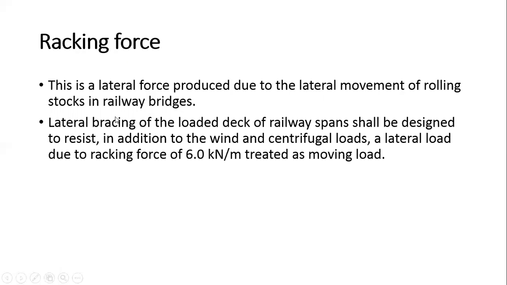To account for this raking force, you have to provide lateral bracing of the loaded deck of railway spans, at the top and bottom. As I told you in the earlier slide, when we discussed the components of bridges, the lateral bracing at the top as well as the bottom of the railway spans shall be designed to resist, in addition to the wind and centrifugal loads, a lateral load due to raking force of 6 kN per meter, treated as a moving load.